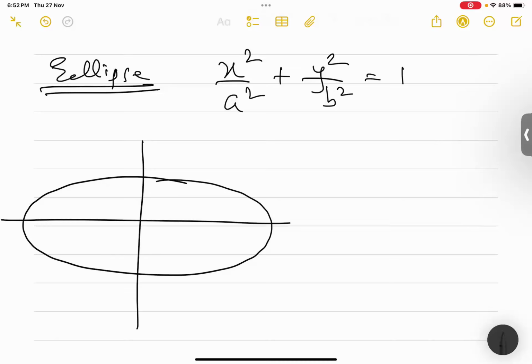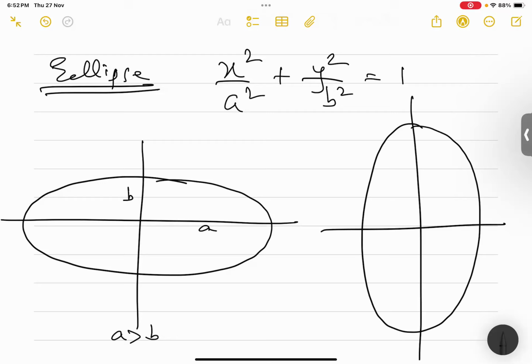Horizontal ellipse: this is A and this is B, here A is greater than B. And vertical ellipse: this is A and this is B, of course this is the origin, here A is less than B. Again, the diagram is symmetric.